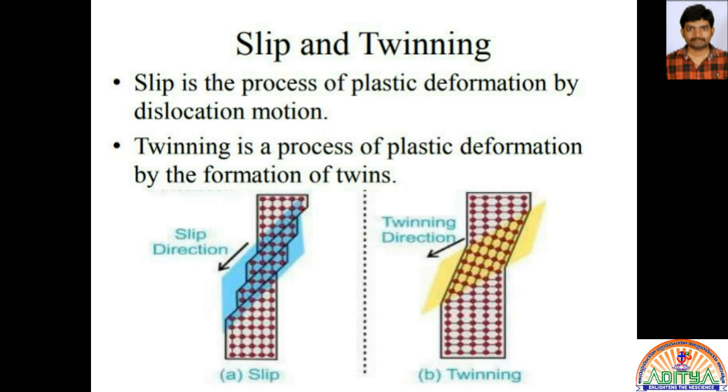Twinning occurs along specific twinning systems, which are a combination of twinning planes and twinning directions. Twinning planes are the planes along which twinning occurs. Twinning directions are the directions along which twinning occurs. Twinning also affects material properties like strength, ductility, and hardness.